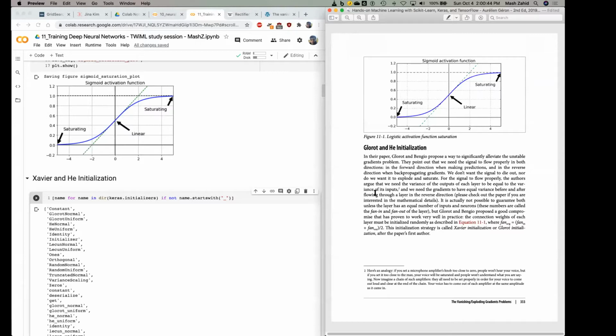Actually, what we are concerned about here is when you do your back propagation. Where those arrows are pointing for the saturations, those are going to be almost 0, and that's what's going to lead to our vanishing gradients.